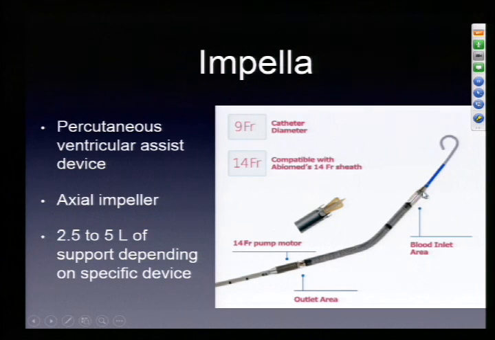There's an inlet area where blood is sucked by the impeller up, and then an outlet area where it's ejected into the aortic root. And then that offers support, both unloading the ventricle and improving blood pressure and peripheral perfusion. And depending on which device you use, it can offer between 2.5 and 5 liters of support.